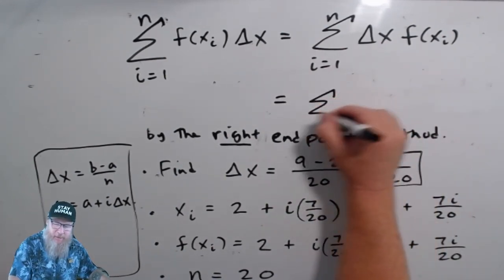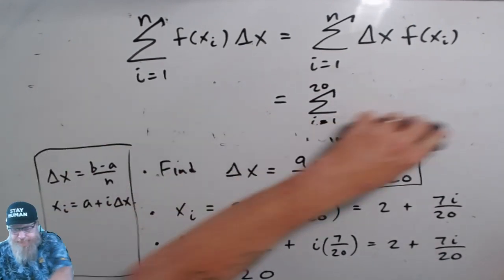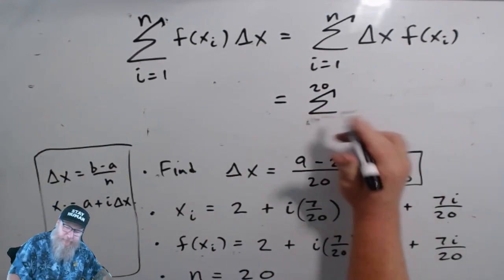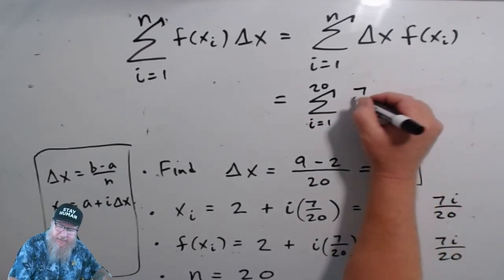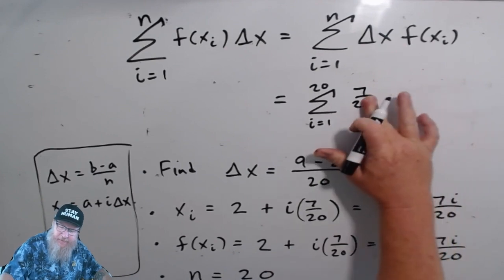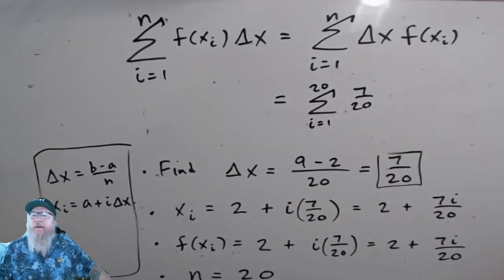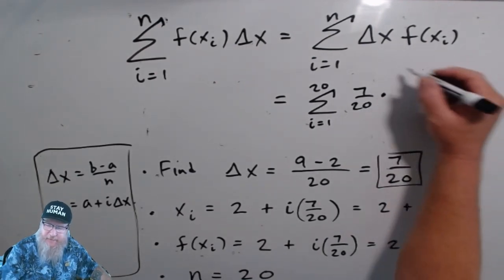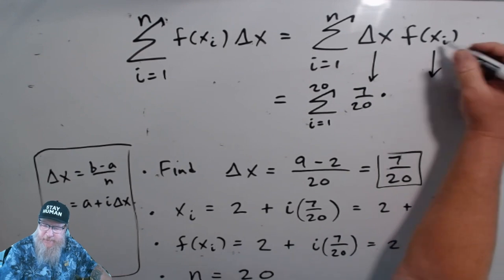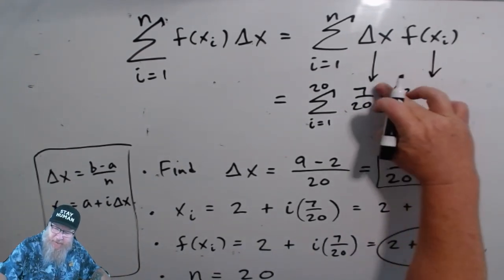All right, so we're going to go from i equals 1 to 20. Our delta x is 7/20. And then our f of xi is, I'm going to get rid of the dot.